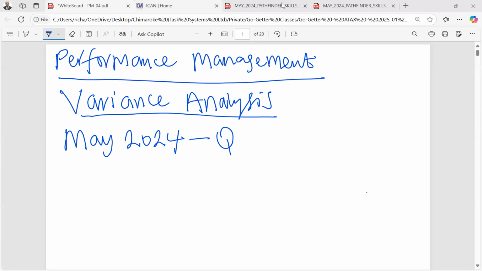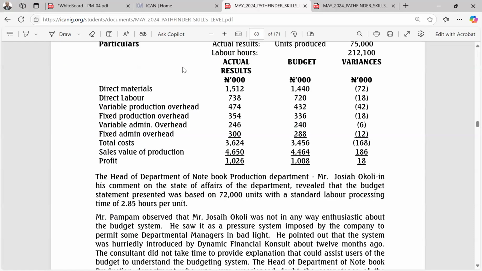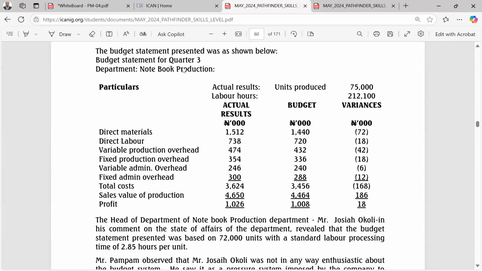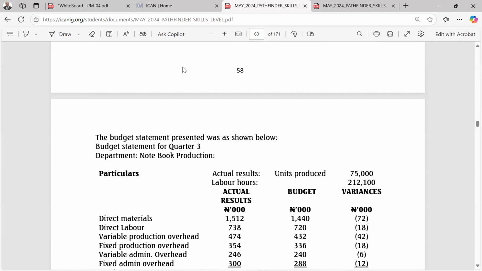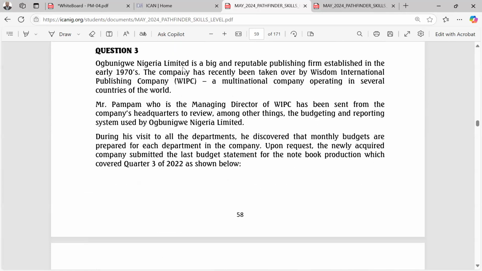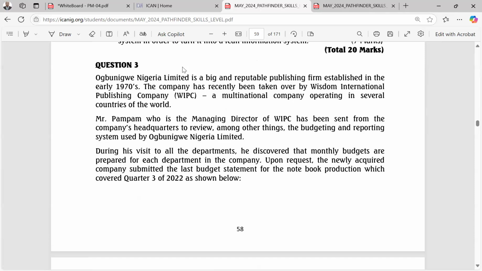So now let's go to May 2024, question number 3. Let's write the name of the person. Ogbonigwe Nigeria Limited.